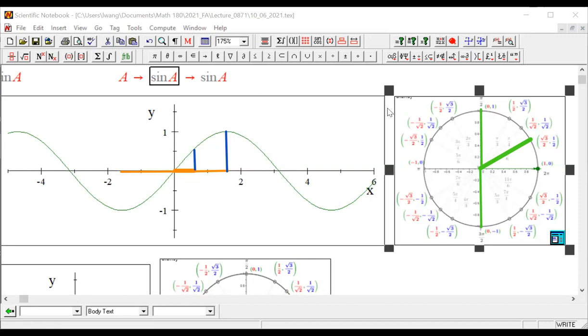And the blue will be -1. So this -1 is the same as this -1. Do you guys follow me? Yeah? Do you see that relationship?